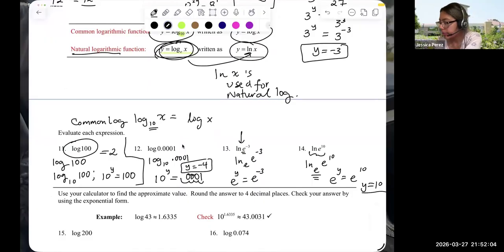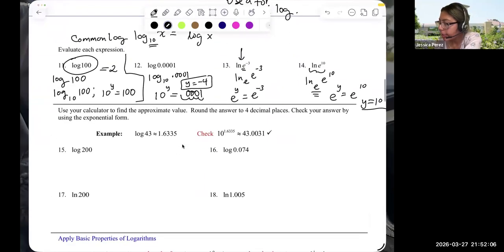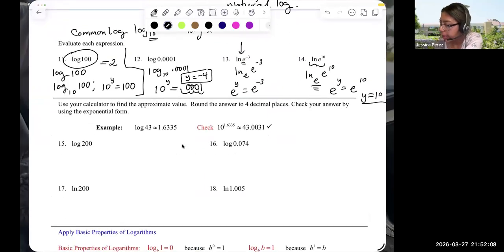So what we're going to be doing is using our calculators to find the approximate value, and we want to round to the nearest 4 decimal places. So let me go ahead and project my calculator here.